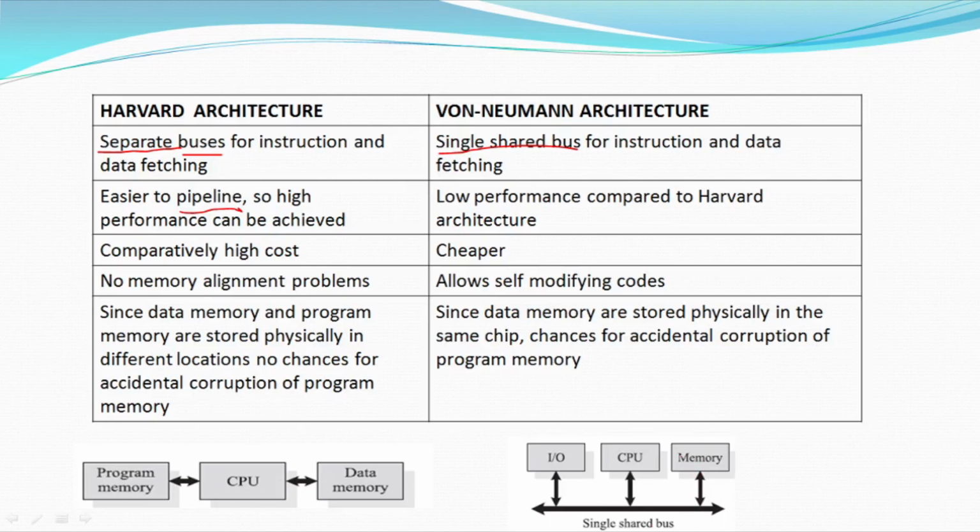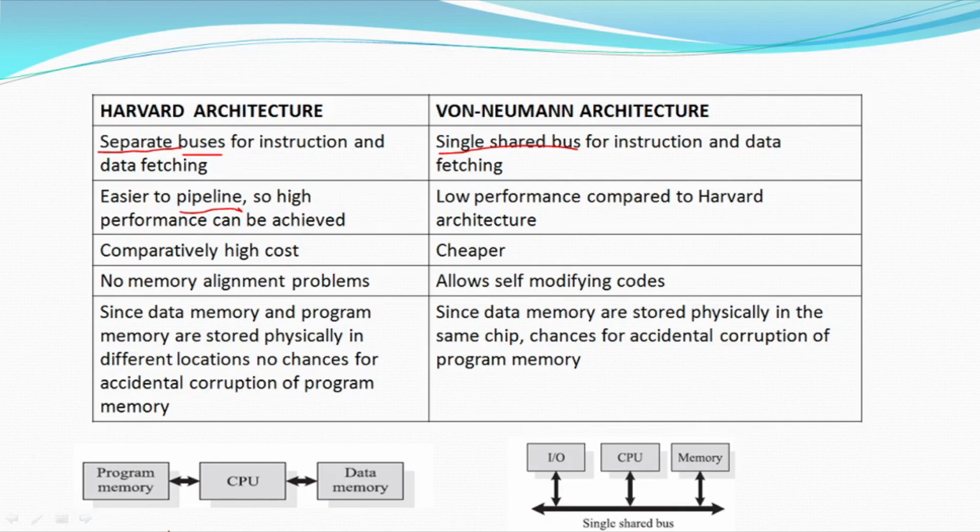You can't simultaneously fetch program and data, but here you can do that. So pipelining becomes easier here, and because there are separate wires doing their respective tasks, parallel tasks can happen, because of which performance and speed are increased. But here performance is not that good.